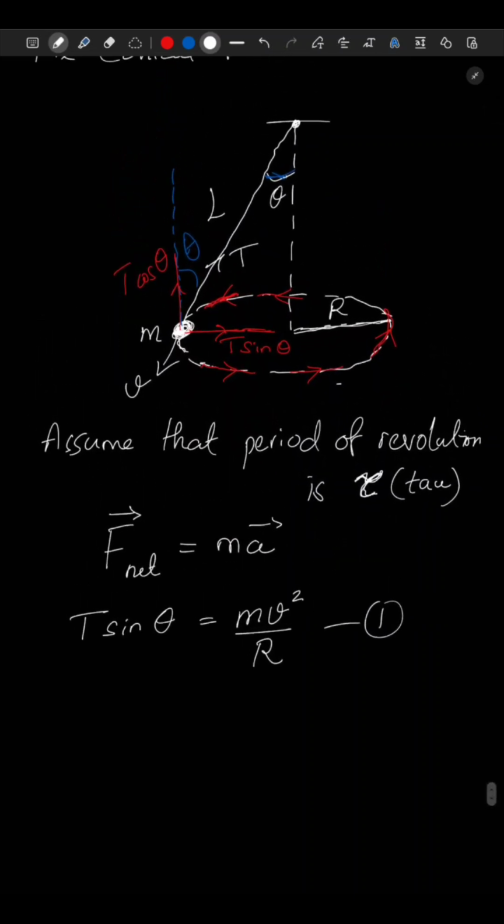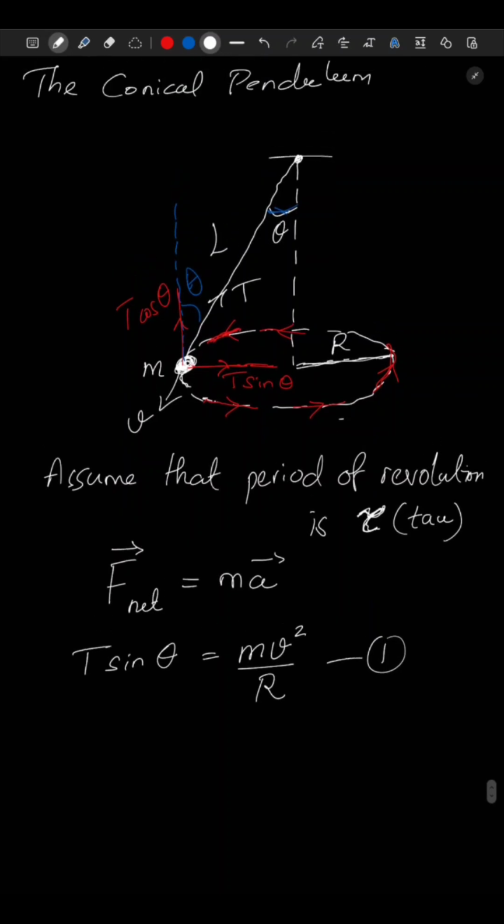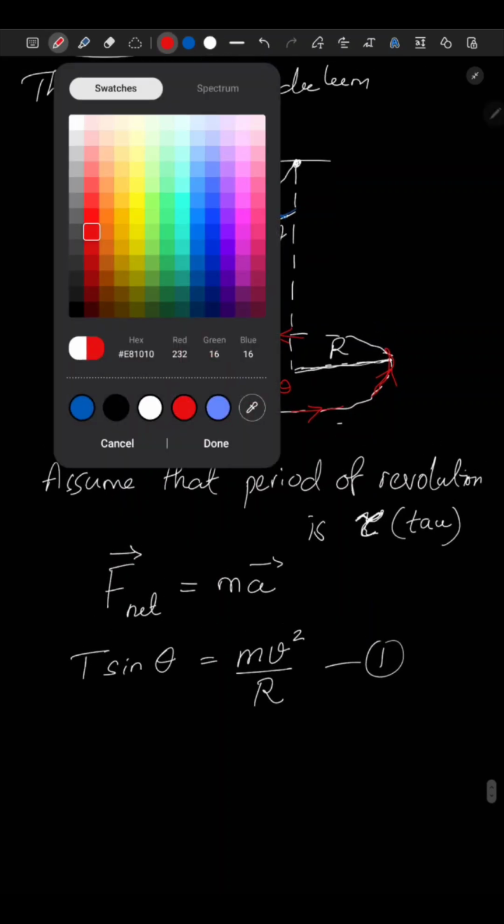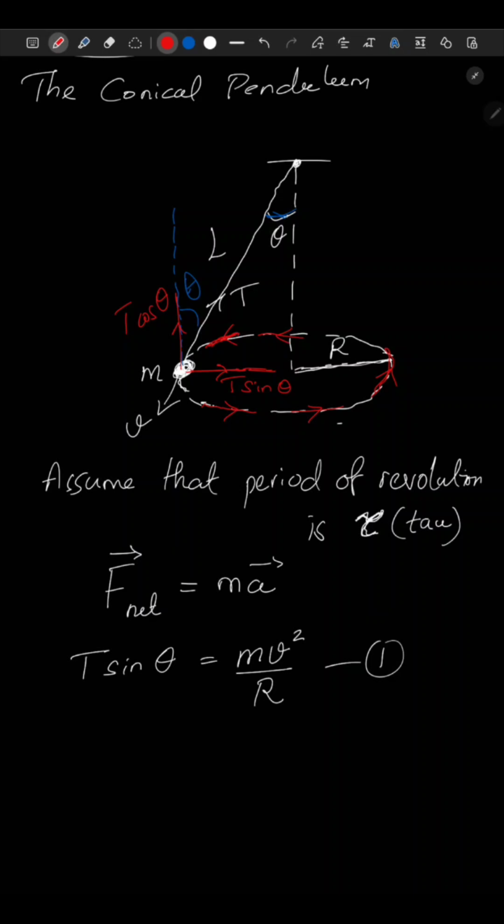Now, we can also have an equation for the vertical force. So we already have a vertical force of T cos theta. We also have the weight, which is mg for the mass.